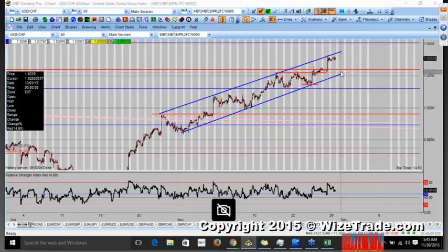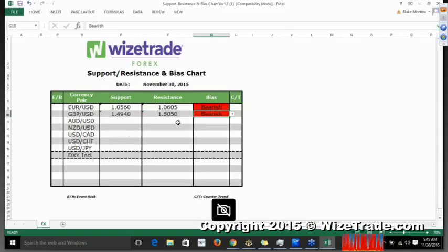Or actually, we can go all the way down to 1.0220, which would be major support, and resistance is 1.0340. Okay, and it is bullish.